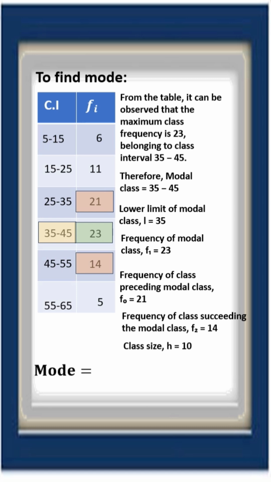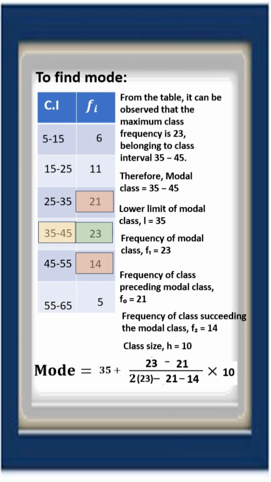Now mode is equal to L plus (F1 minus F0) upon (2 F1 minus F0 minus F2) into H. Here L is 35, F1 is 23, F0 is 21, 2 into 23, F0 is 21 minus F2 is 14, H is 10.